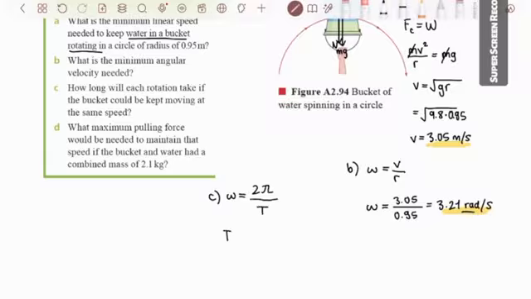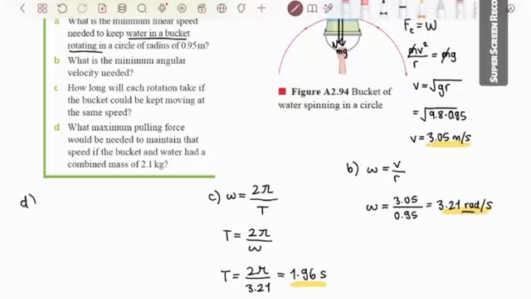And then if I rearrange this in order to pull T out, I would get T equals 2 pi over omega. And just plugging in those numbers, I would get T equaling 2 pi over omega we found as 3.21. And doing this operation from my calculator would give me 1.96 seconds as the answer to the period.